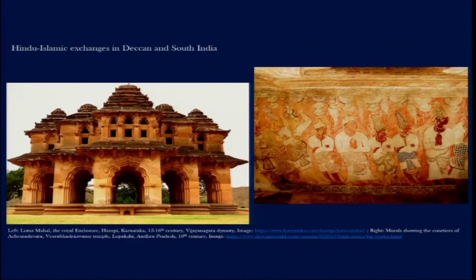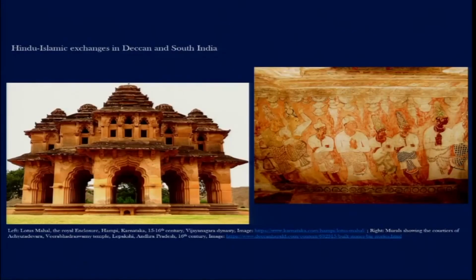So if we think about the many different ways of knowledge production, and at the same time the cultural exchanges between different linguistic and religious groups that took place in the Deccan, then something like that we have looked into in the Mughal architecture. For example, in the Mughal architecture there are elements from Hindu architecture as well.